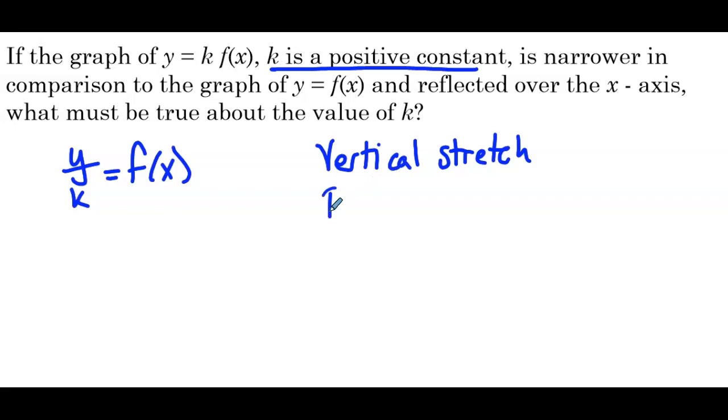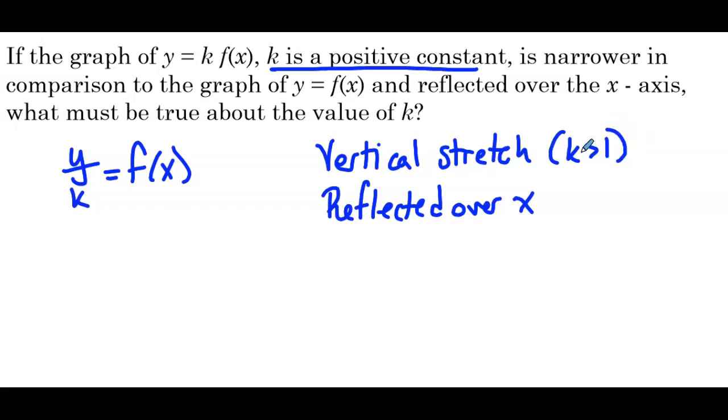And then reflected over the x means that k should be negative. Okay, for a vertical stretch, I know that k should be greater than 1. It should be a positive value, multiplying the y values by 2 or 3 or 4, something larger than 1.